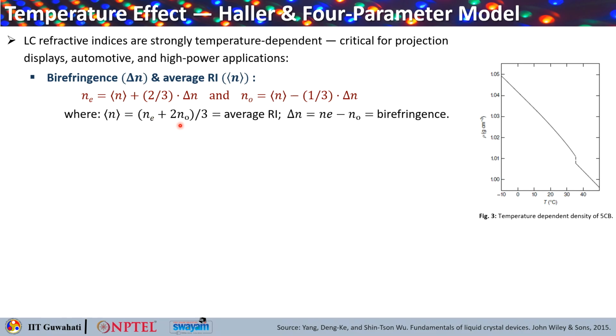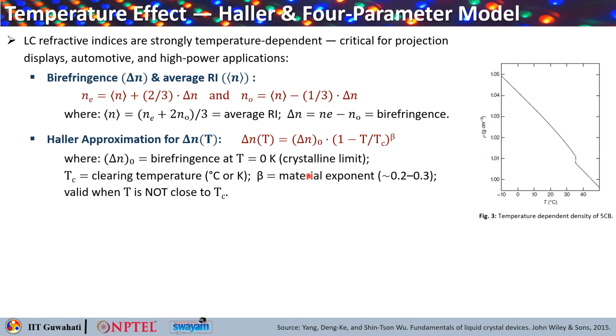The average is basically (N_E plus 2N_O) by 3, because there are two equally probable ordinary axes, and delta N is nothing but the difference, N_E minus N_O, that is the birefringence. Now the Heller approximation for delta N(T) tells you that delta N(T) is basically delta N_0, the one at the crystalline limit, times a temperature dependent term, (1 minus T by Tc) to the power beta.